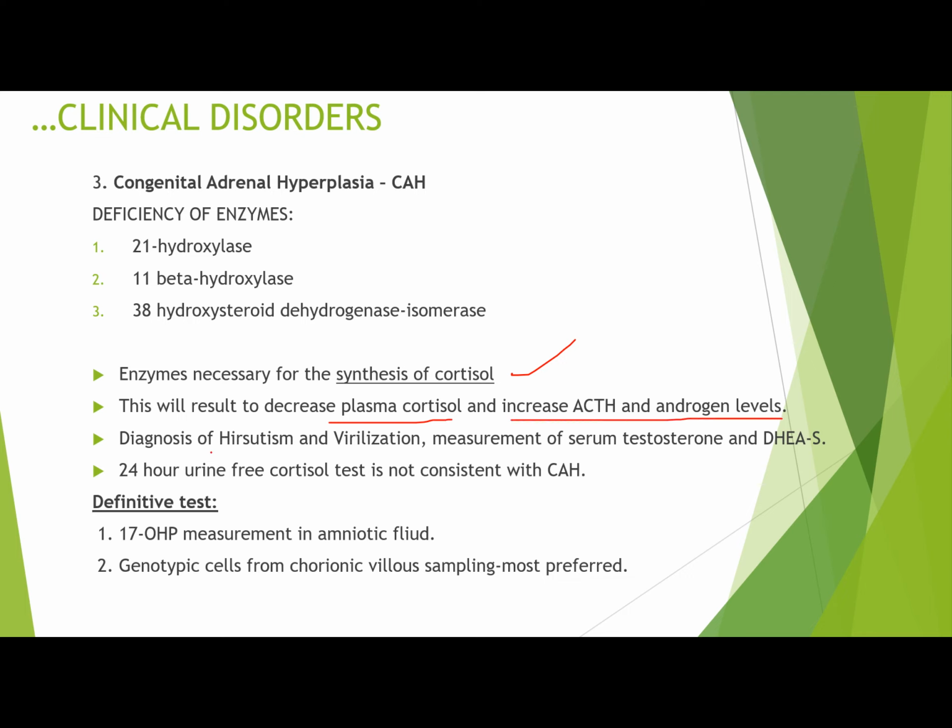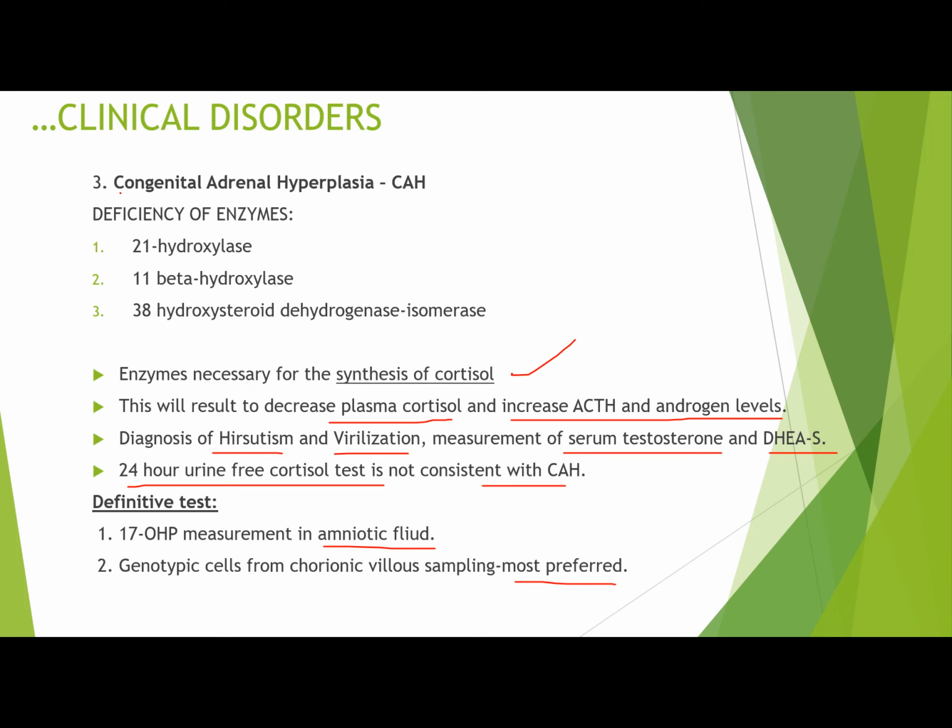Diagnosis of hirsutism and virilization, measurement of serum testosterone and DHEAS. 24-hour urine-free cortisol test is not consistent with your CAH. Definitive test dito class is yung 17-OHP measurement in amniotic fluid. Genotypic cells from chorionic villus sampling is most preferred.